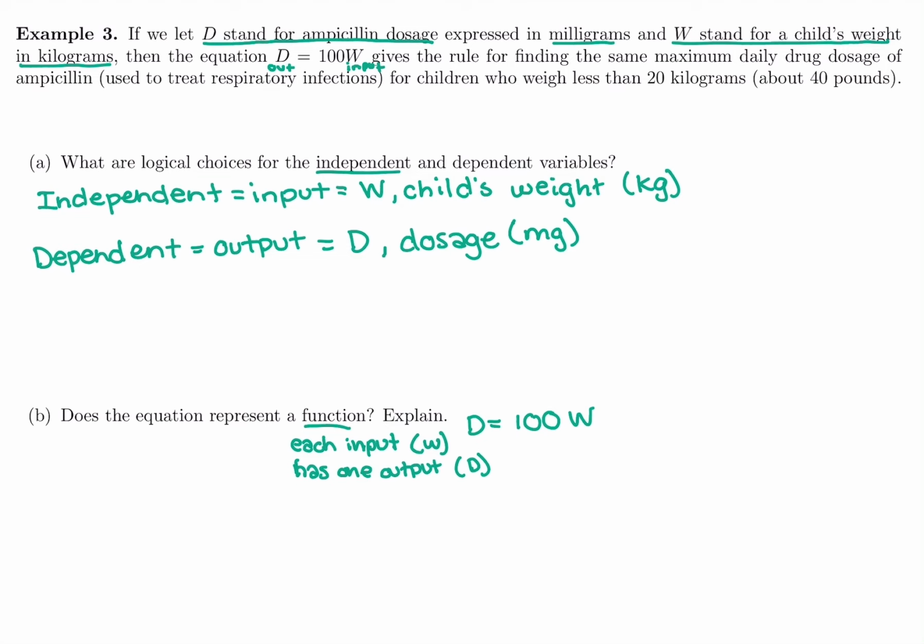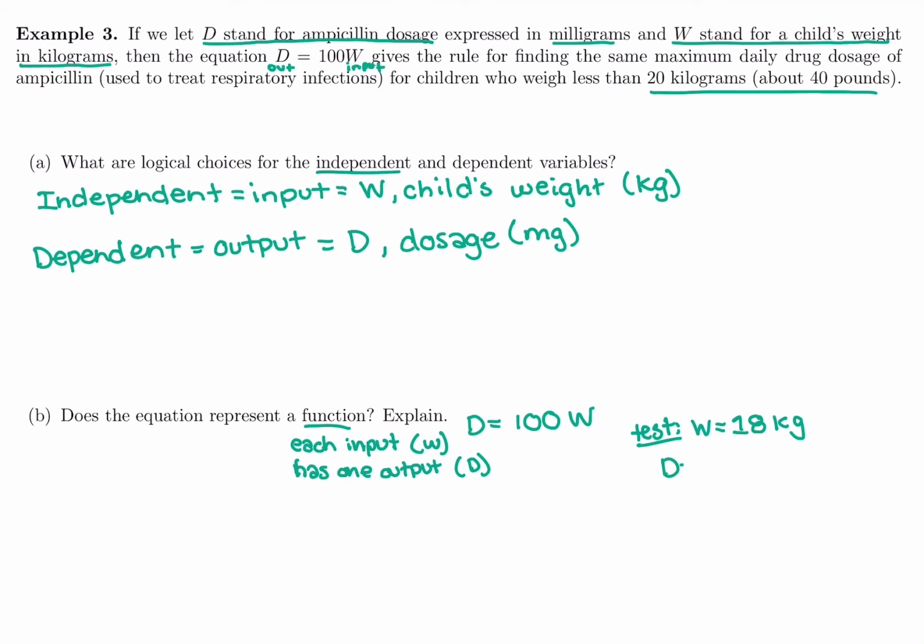But even thinking about plugging numbers in here, are we ever going to get two Y values for one X value? And in this case, two dosage values for one weight? Well, we could test a point to see. You can't use trying one number to explain all numbers, but we could at least try it just to see what we get. So let's say their weight is 18 kilograms, because we said this is for 20 kilograms, 40 pounds or less.